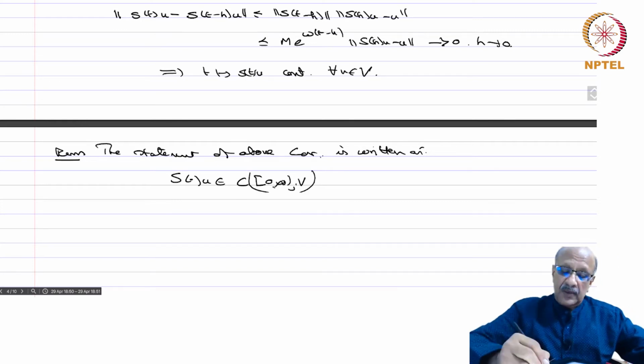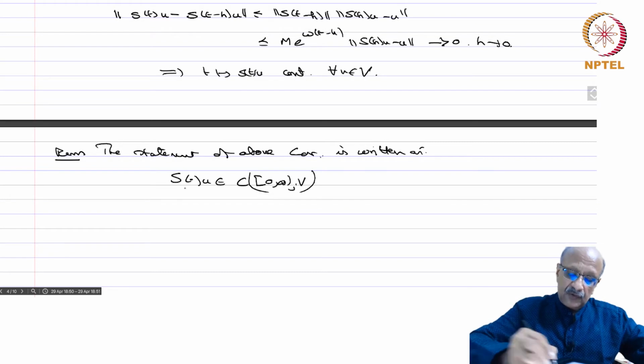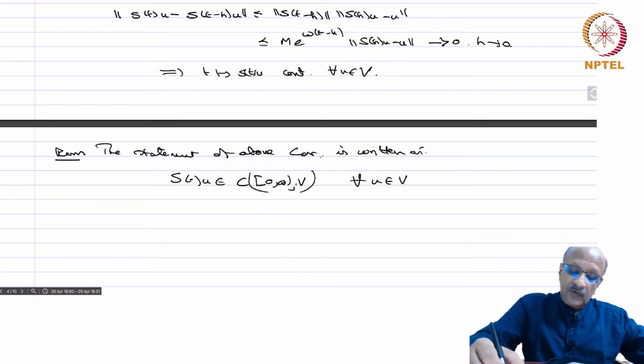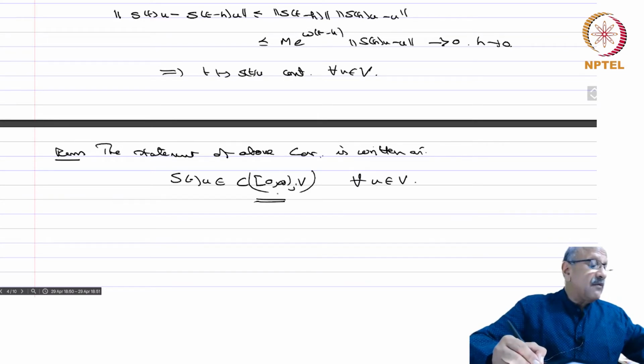So, it is a Banach space continuous function, for every t, that means t going to S t u for every u in V. Okay. So, this is the statement which we have there.